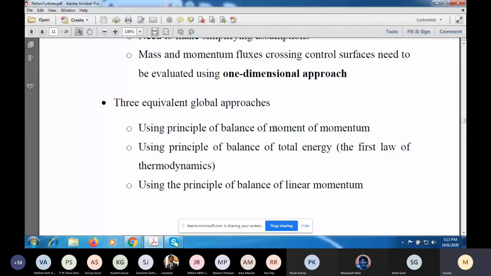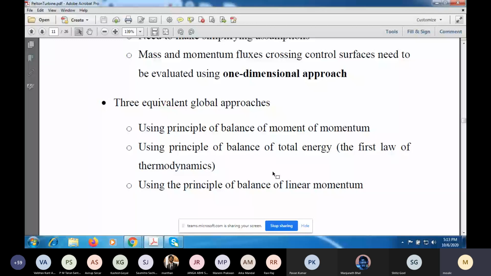Well, you might have forgotten, so I'll leave this for later. Okay. You can use balance of total energy or the first law of thermodynamics, and we have discussed this to some extent. Okay. Now, most books will give you a prediction using the third approach, which is the balance of linear momentum. So that is what we'll do today.